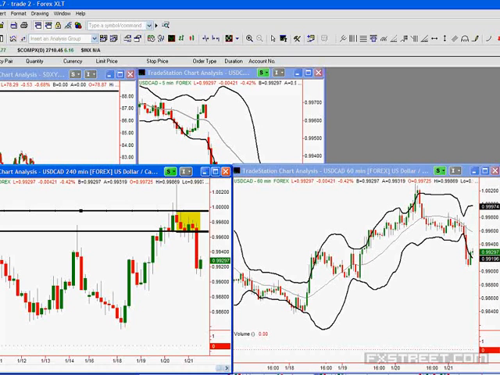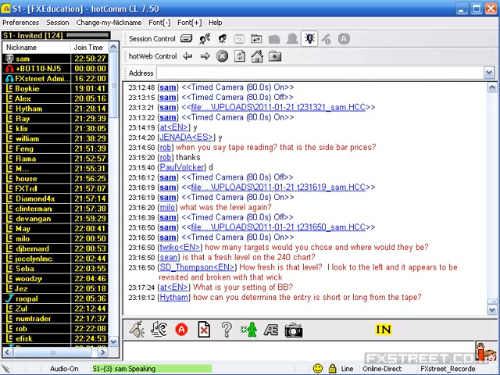So another exit that you can add to this, a lot of people do this in the trading room, is you can make one of the exits an opposing demand level, which is typically going to be lower than that opposing Bollinger Band. You want prices to be really outside of that Bollinger Band and into a fresh level. You could just go with standard Bollinger Band settings for this.